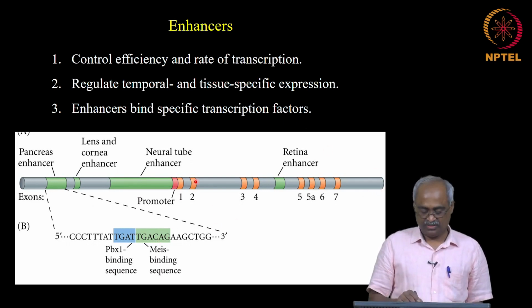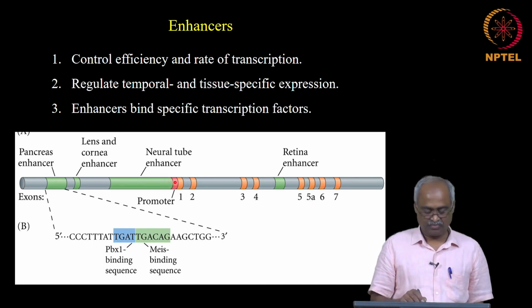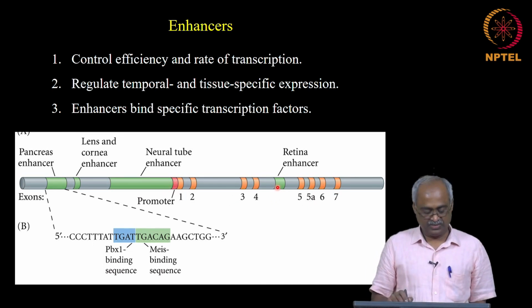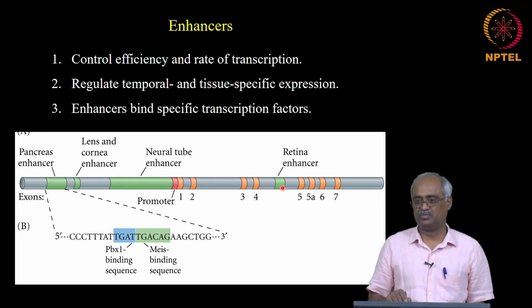These orange colored bars are the exons. This red one is the promoter itself, then this green is the enhancer, and you see enhancer present here in 4 parts, and one of them is actually in an intron. Okay, this is an exon and this one exon, and this whole thing is intron.